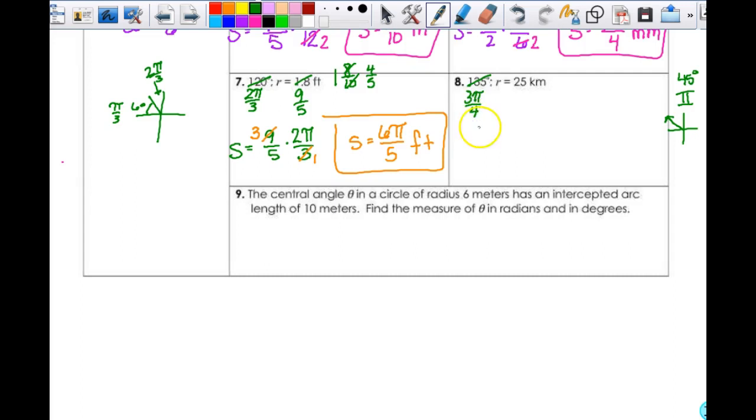And then my radius they gave me, I don't have to do anything with that. Is 25 times 3 pi over 4. Can I reduce? No. So this just becomes 75 pi over 4 kilometers.